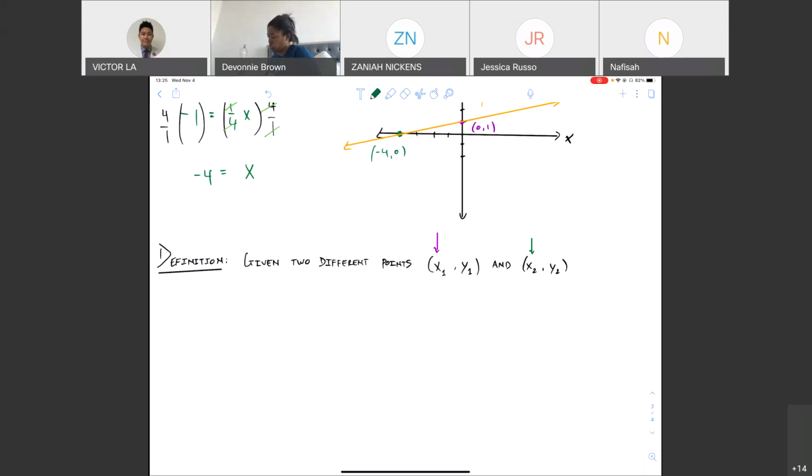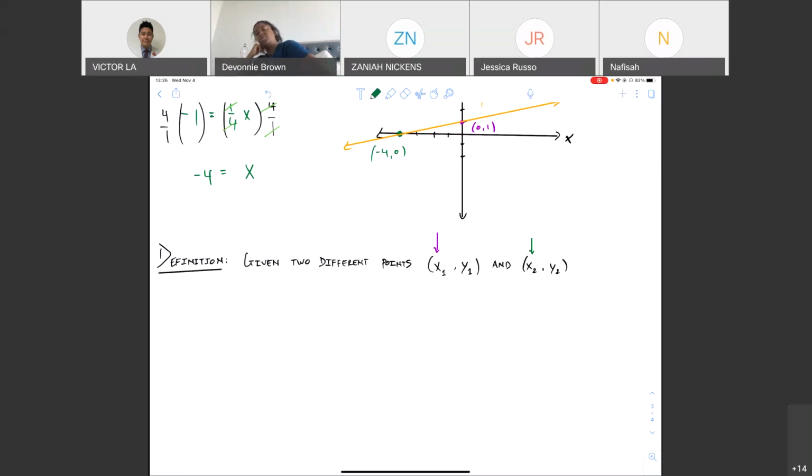They are both points, x comma y, but we have to give the distinction of x sub 1 comma y sub 1, and the same thing for x sub 2 y sub 2, is that they could be the same points, but they are not necessarily the same points, right? They could be the same, but they don't require to be the same. And again, the subscripts are supposed to help you distinguish that. Okay.